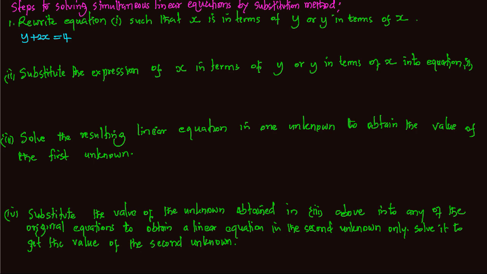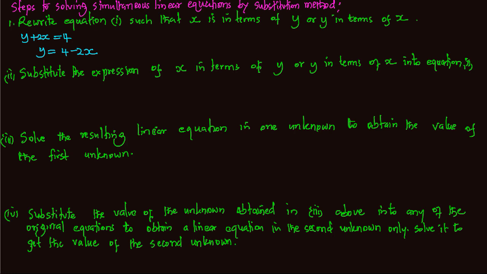So in this one, we can write y in terms of x so that y remains on one side of the equal sign, and that makes it y is equal to 4 minus 2x. So here we say we have written y in terms of x.